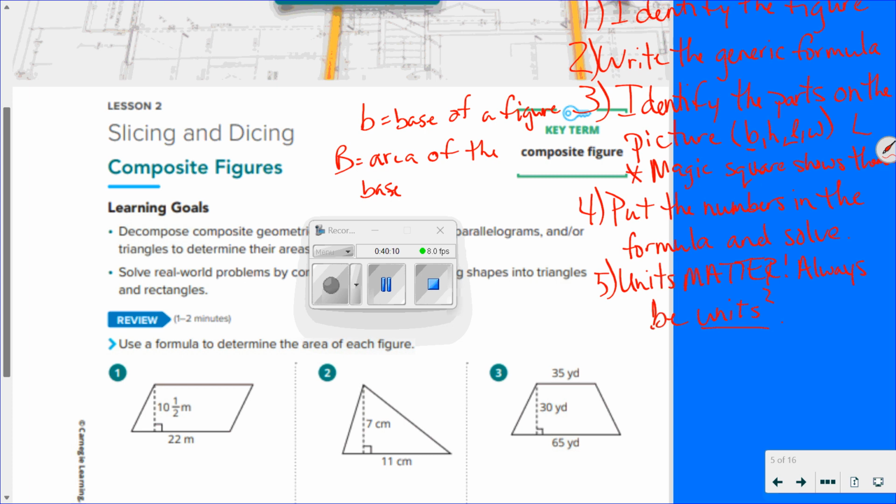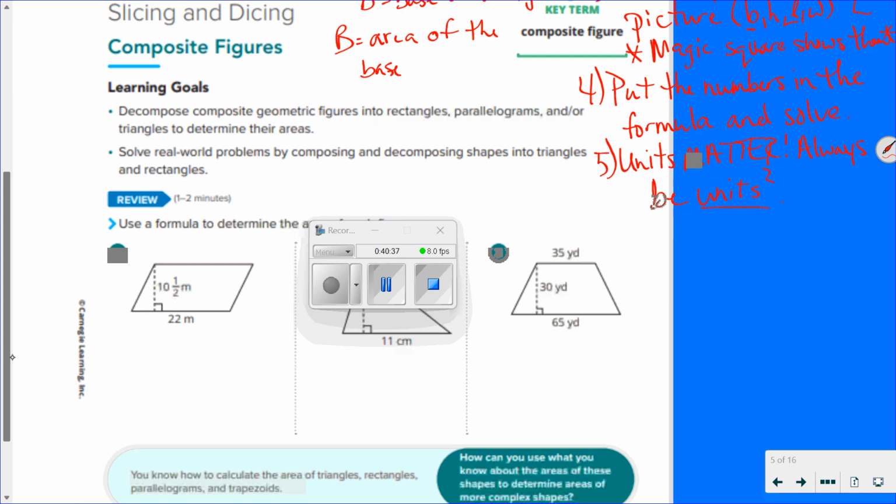It is really important that you use the correct variable, because mathematically we have assigned certain variables to mean certain things. That lowercase b is the base of a figure. The cursive l is the length of a figure, and the reason we use the cursive is so it doesn't look like a 1. Does that make sense? Great question. Thank you, Gabby. That was a really good question.